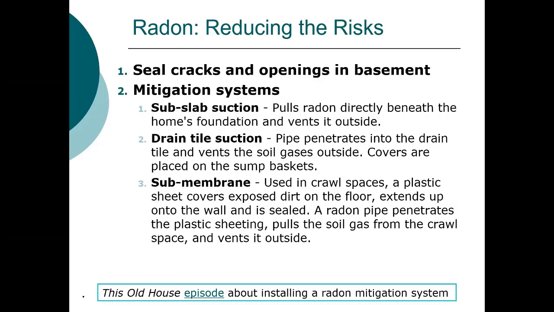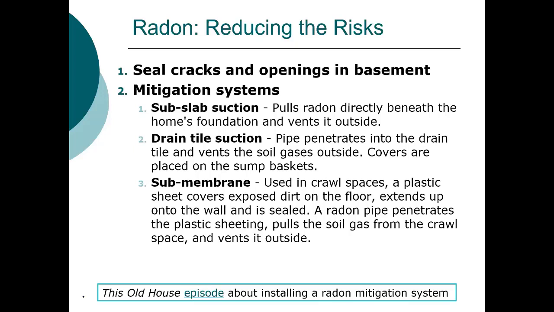There are a number of ways that you can do that. You can seal the cracks and openings in the basement, so you try and prevent any infiltration of the radon from the soil material or the geological material into the house. There are a number of mitigation systems that essentially pull radon from the subbasement and pipe it to the roof.